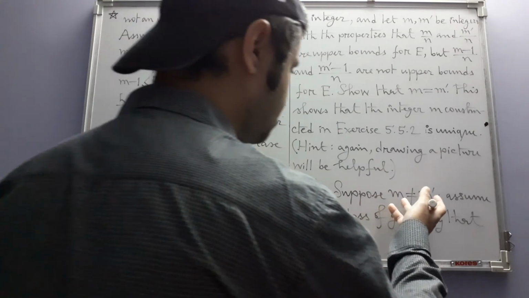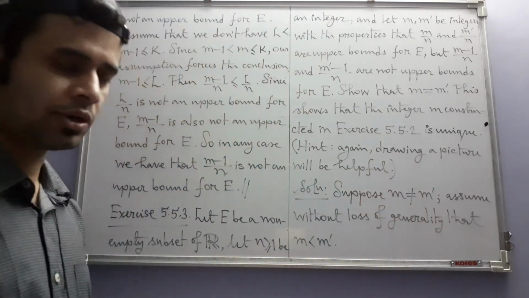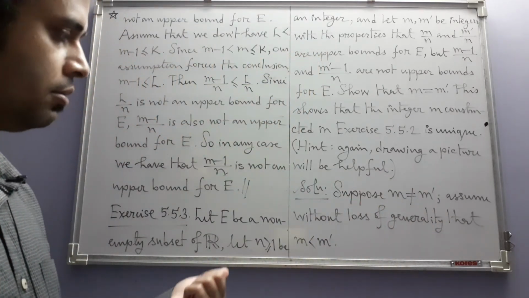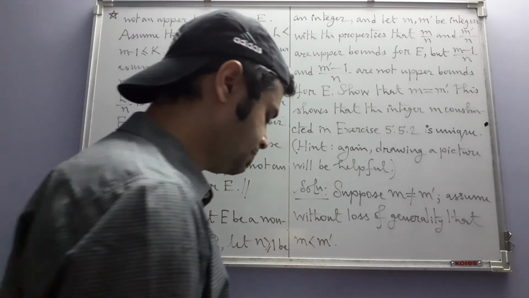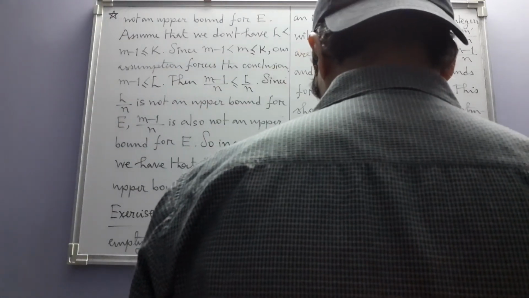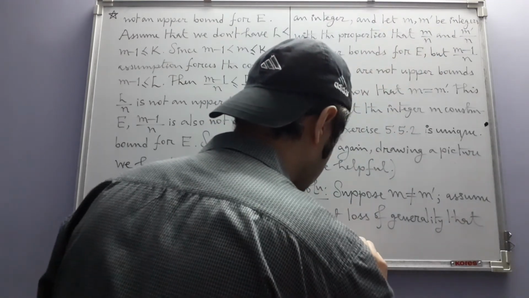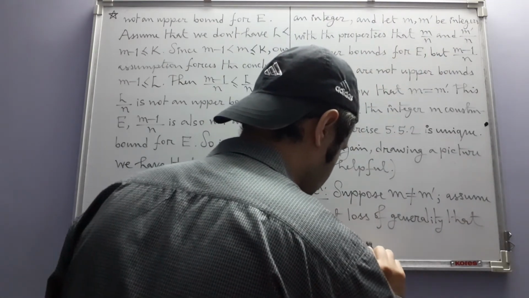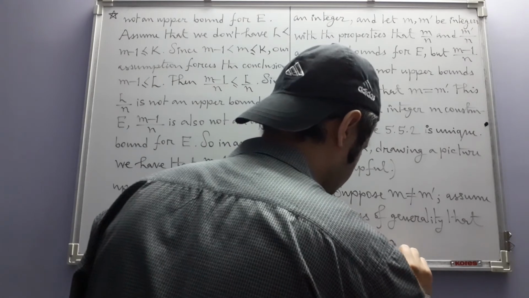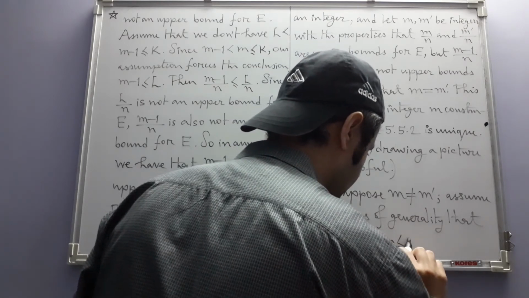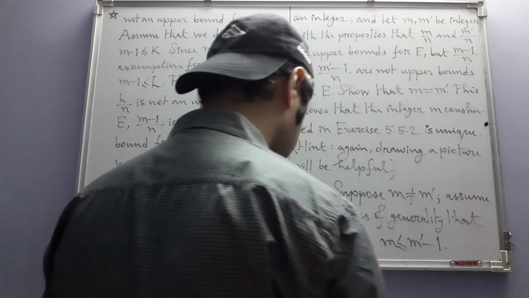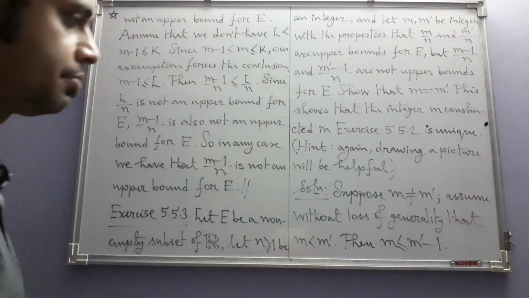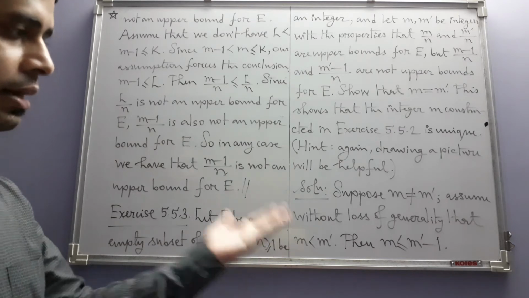Because we have supposed that they are not equal, so one of them will be less than the other. So we are assuming that M is less than M prime. Okay. Then M is less than or equal to M prime minus 1, because these are integers.